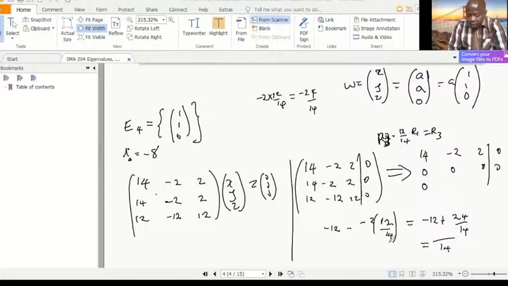Yes, you can also use your calculator so that we see if we get the same answer. Okay, I have my calculator. This is negative 12 times 14 plus 24.